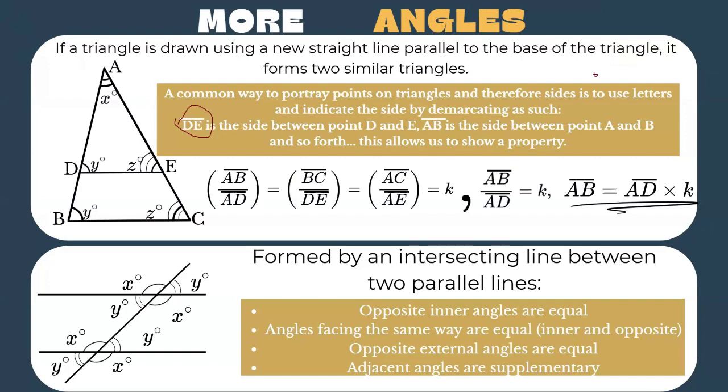Excuse me? What side? So the sides are all over here. So it could be AB, AD, DE, AC, or AE. It's not an angle. We're not talking about angles here.